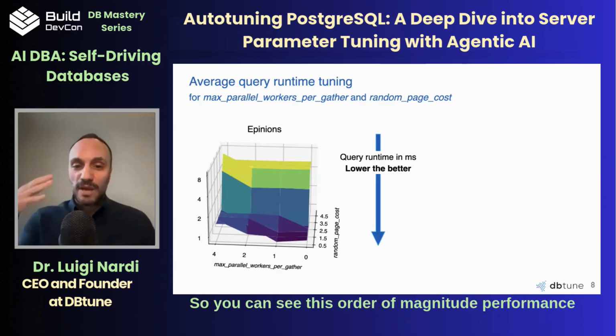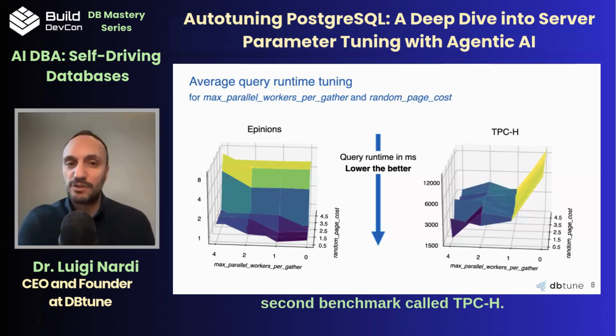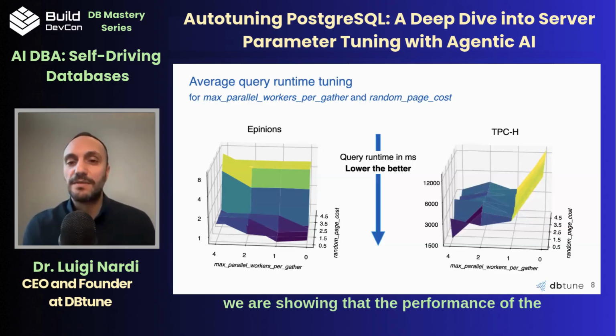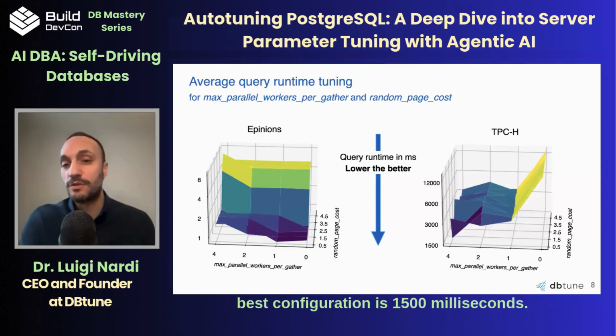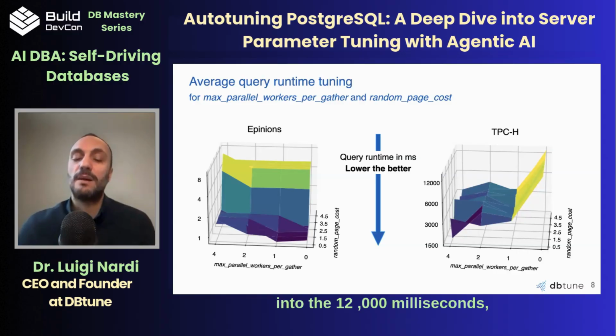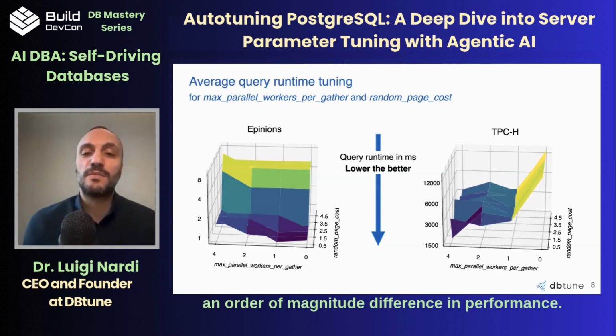You can see this order of magnitude performance on the table also in a second benchmark called TPCH. Here, for example, we are showing that the performance of the best configuration is 1500 milliseconds. And then if you go on the yellow area, you go into the 12,000 milliseconds, which is roughly, again, an order of magnitude difference in performance.